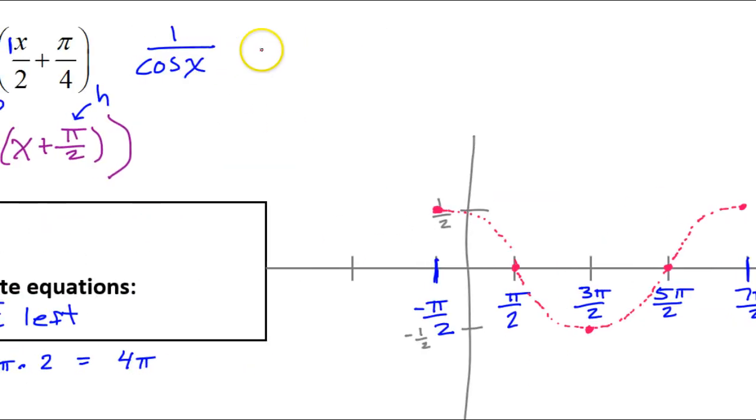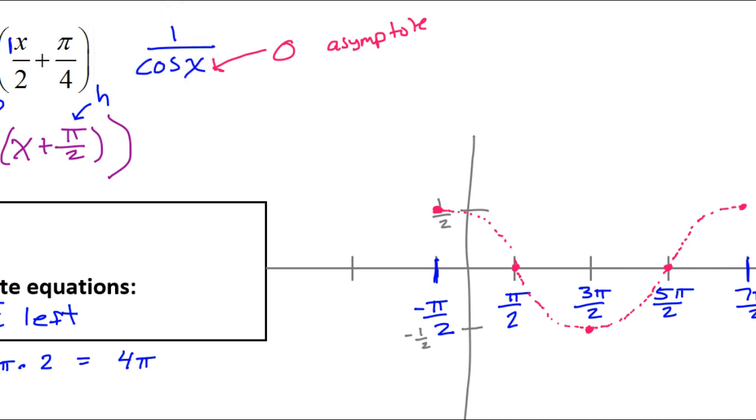Now, because we are graphing secant, which is 1 over cosine, anywhere that cosine is 0, it's going to be undefined, so you're going to have an asymptote. Anywhere that cosine is 0. So I'm looking at you, x-intercepts. Alright, so I should have vertical asymptotes in these two positions where I have my x-intercepts. So this is where the cosine is 0.